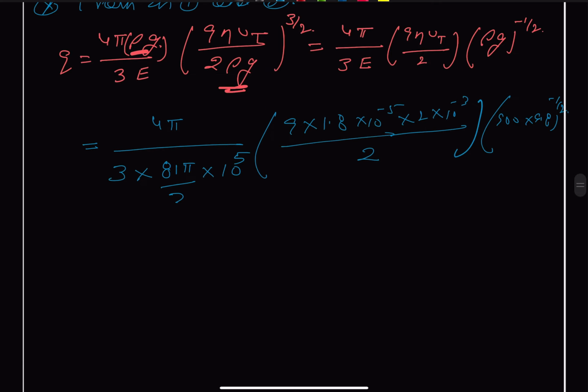If you solve this, Q comes approximately 8 into 10 raised to power minus 19 coulombs.